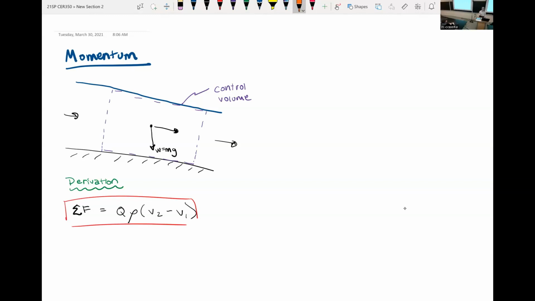Well, what would the velocity profile look like in open channel flow? In pipe flow, we had this velocity profile like this, remember, right? What's it going to look like for an open channel?